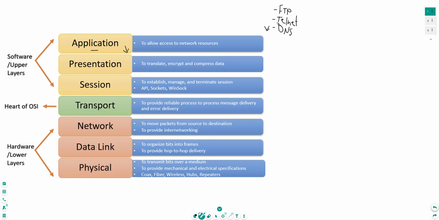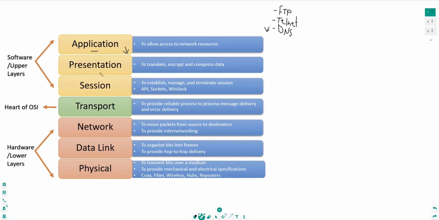Those protocols I gave as examples, you would use software when using them, and that software relies on the application layer to do its job, initiating communication to the network and also providing access to the lower layers.